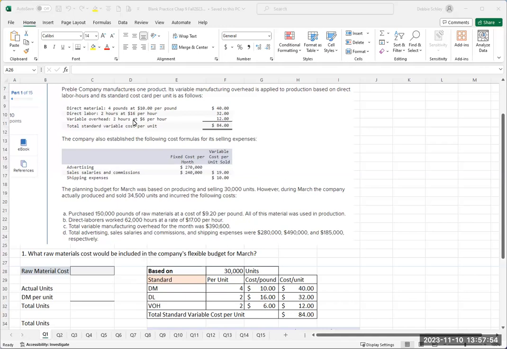A variable overhead, 2 hours at $6 per hour for a unit cost of 12, and a total standard variable cost per unit of $84. So I just took all of that and put this in this chart down here. So these numbers, I just pulled all of them out so I can reference them.